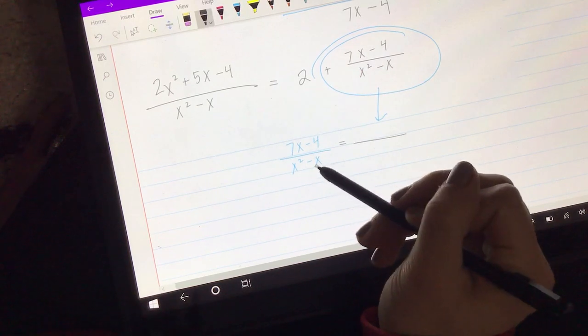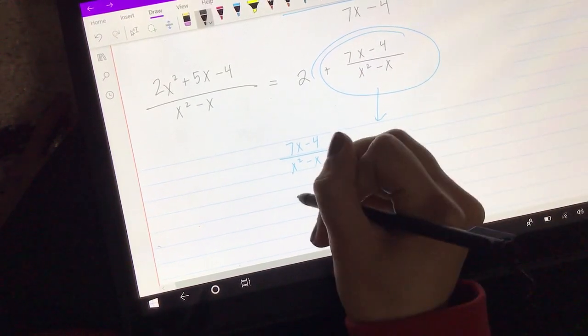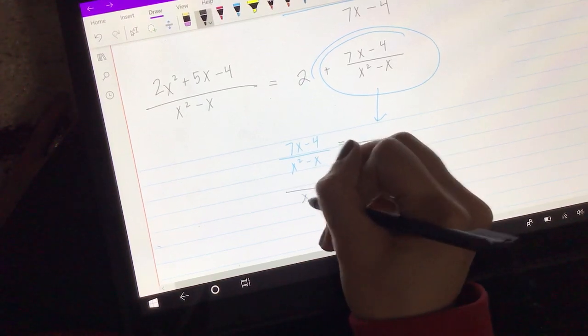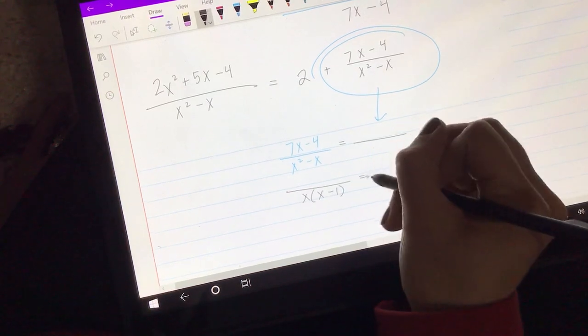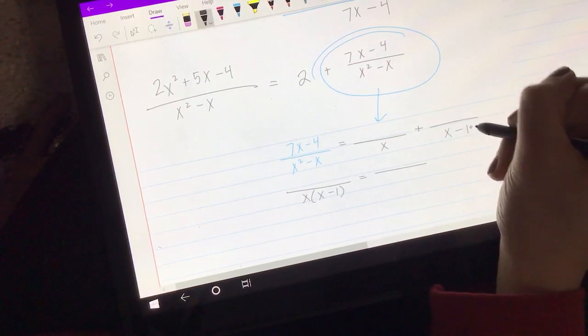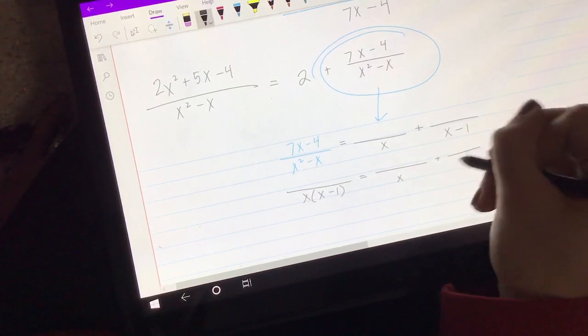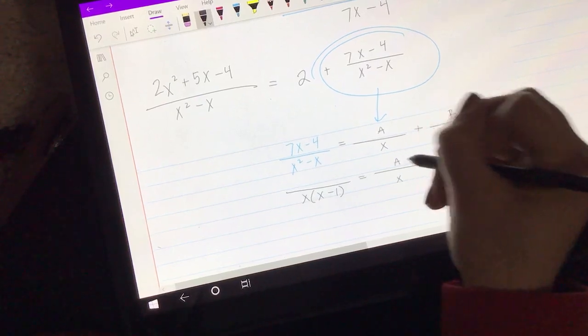This denominator actually has the greatest common factor. It's x. So this factors as x times x minus 1. So we know that our denominators are x and x minus 1. Our numerators are still a and b.